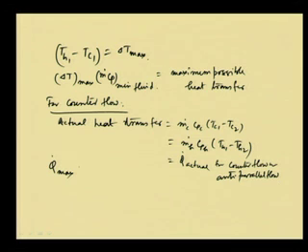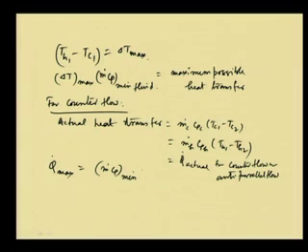Okay. So, q dot max is now m dot Cp for the minimum fluid. Minimum fluid means the fluid which has the minimum product m dot into Cp, and it will have the maximum temperature difference, that will be Th inlet minus Tc inlet.